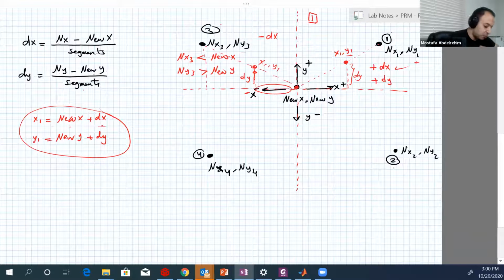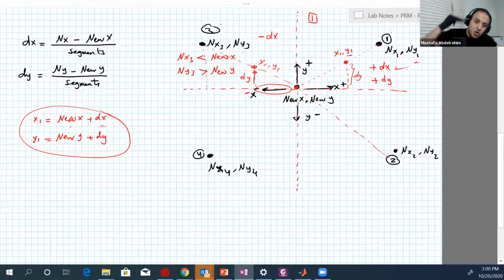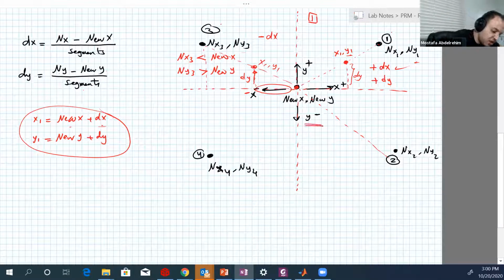How about number two? We will move in that way with number two. This is below this point, so y should be reduced. This is the direction of the decrease of y, but it is in the way of the increment of x.